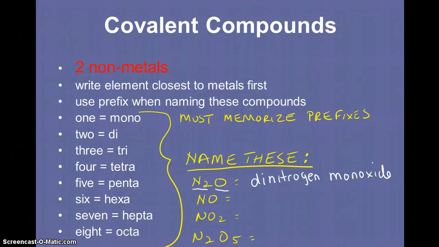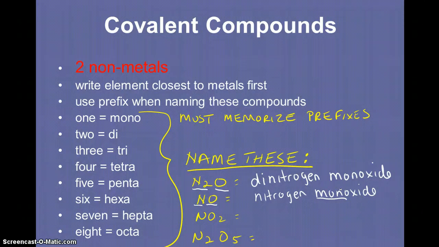Let's try another one. We have NO. We have 1 nitrogen, 1 oxygen. Let's go with nitrogen monoxide. Again, we're only going to use mono with oxygen. If the others have just 1, we'll leave it as is.